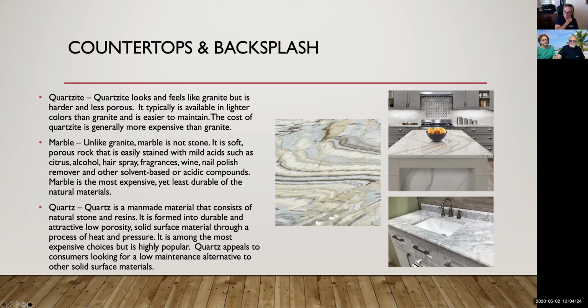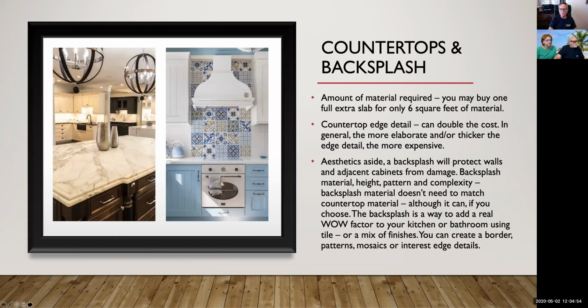It's among the most expensive choices, but has really become one of the most popular choices because it appeals to consumers who are looking for a low maintenance and attractive alternative to other solid surface materials. So the upper right-hand corner is quartz, quartzite to the left, and marble to the lower right. In the picture on the left, you'll see an island which is made of granite.